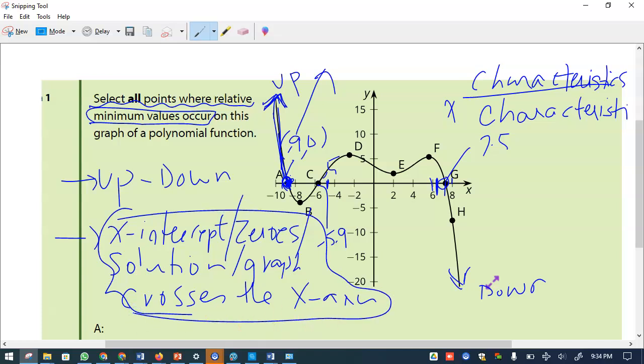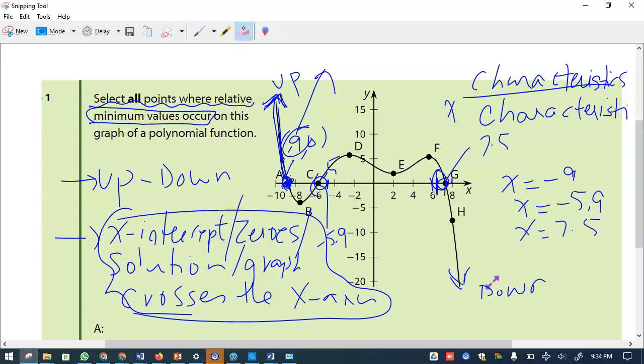So the x-intercepts are x equals minus 9, around minus 5.9, and the third one, x equals 7.5. This is one of the characteristics.